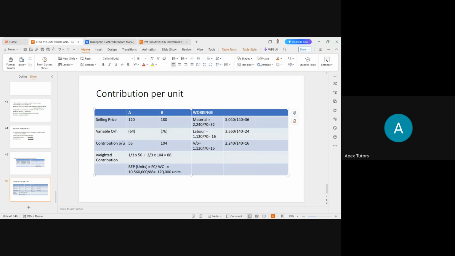Now, this is the combined break-even point. These 120,000 units consist of both product A and product B. If you want to know the fraction, the percentage of product A in the 120,000, what will you do?